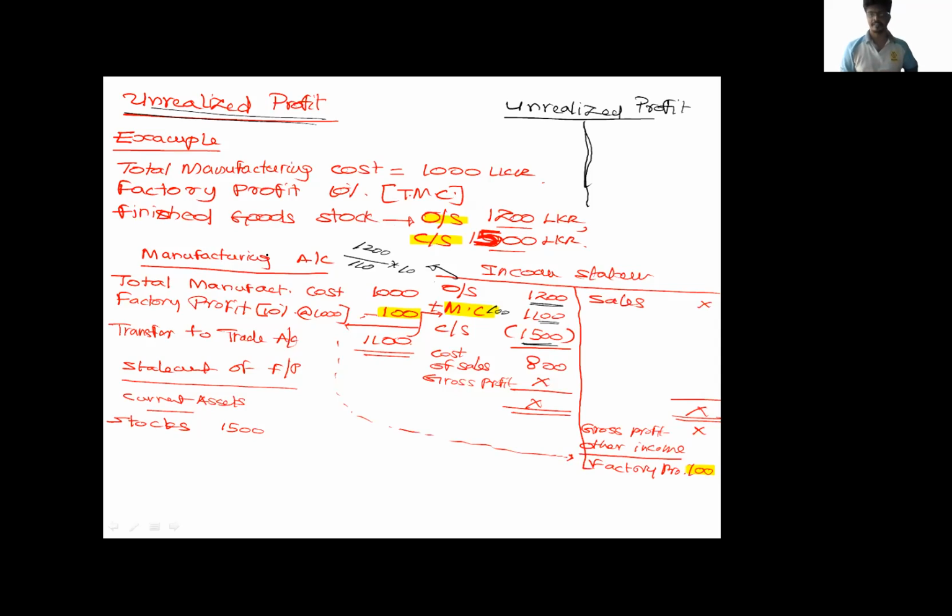It's around 109. අපි කියමු 109. Then what about here? 1,500 divided by 110 into 10. 10%යිනේ profit එක. It's around 136. Yes, 136.